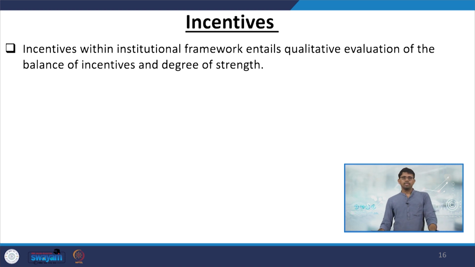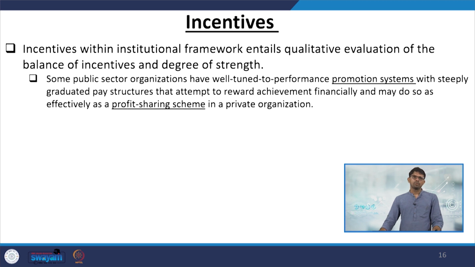So, incentive within an institutional framework entails qualitative evaluation of the balance of incentives and degree of strength. Some public sector organizations have well tuned performance promotion systems with steeply graduated pay structures that attempt to reward achievement financially and may do so as effectively as a profit sharing scheme.